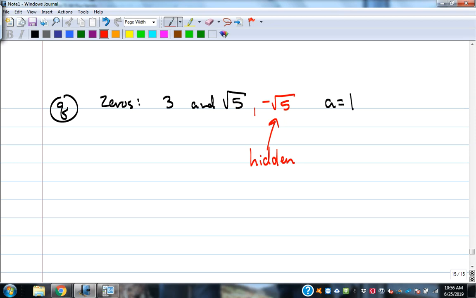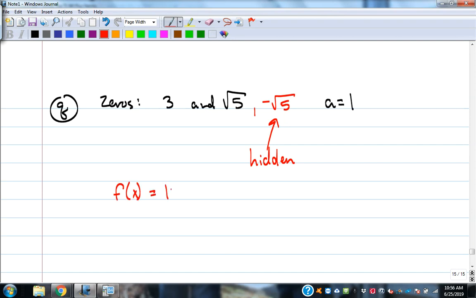Because remember, anytime we take a square root to solve a polynomial, we had that plus or minus in front of it. So if they tell you a positive square root of something is a 0, you know the negative is there too. If they say negative square root of 5 is an answer, you know the positive one is there as well. Okay, so they're hidden from us, but we've got to know that they're there. So then this one's a little shorter because they tell us what A is.